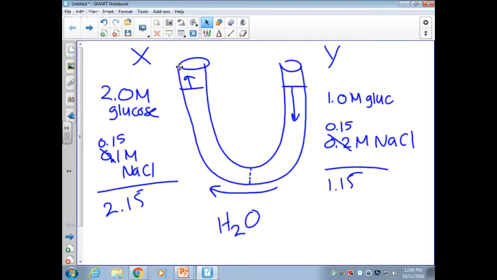What do you mean by concentration? Number 2 is not A. Wait, why? Oh, it is impermeable to glucose. Yeah.